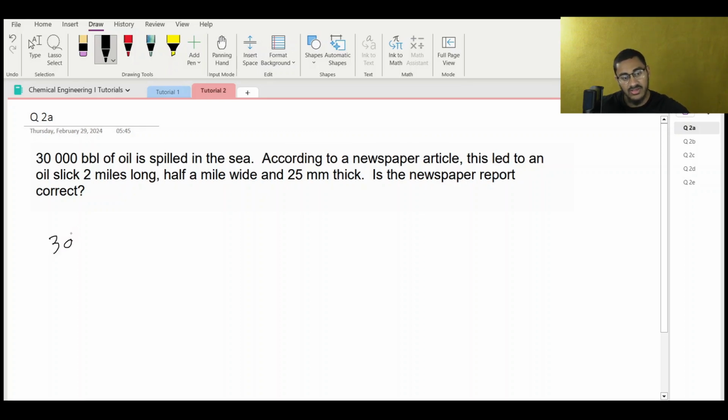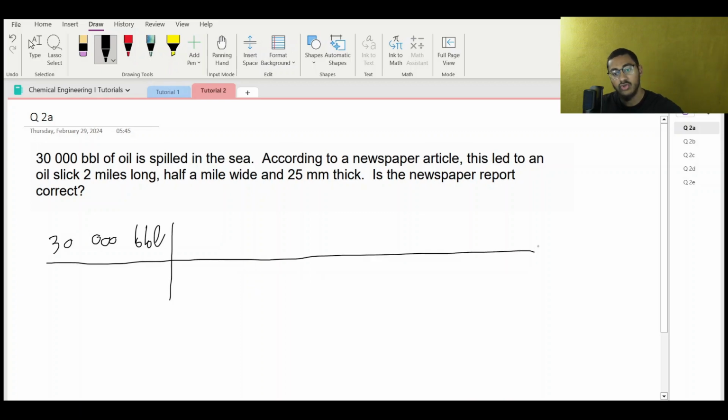Okay, so 30,000, and now you can see why it's so important to have your conversions down pat, because when you get to a calculation like this, you must just be able to smash out all the conversions very easily. So we've got 30,000 barrels, and remember, I want barrels at the bottom so that barrels at the top cancels with barrels at the bottom.